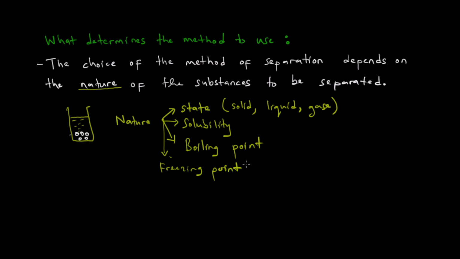But for now, zivai kuti the choice of the method of separation depends on the nature of the substances to be separated, kana kuti the nature of the substances in the mixture. Saka mixture yakakosha, mixture yakatikoshera.